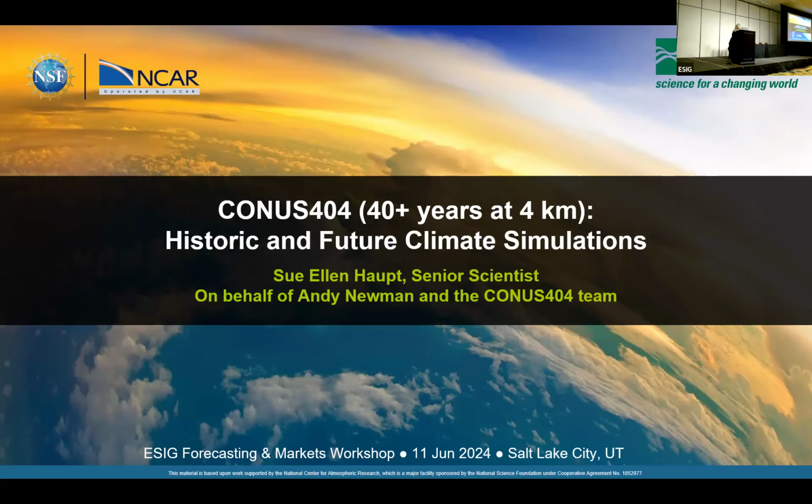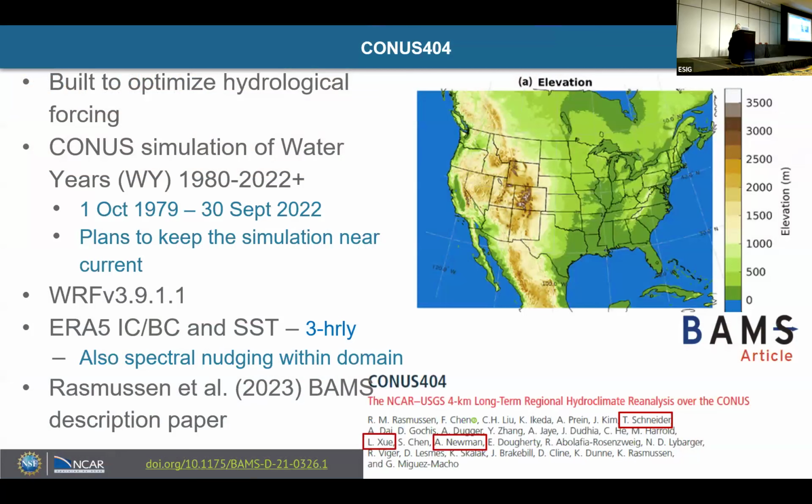Fortunately, Andy and his colleagues have given me the data. I was very aware of their project, and they have built this data set that's 40 plus years at 4 kilometers. Now, they are hydrologists. We have a very active hydrometeorology group in the Research Applications Lab at NCAR.